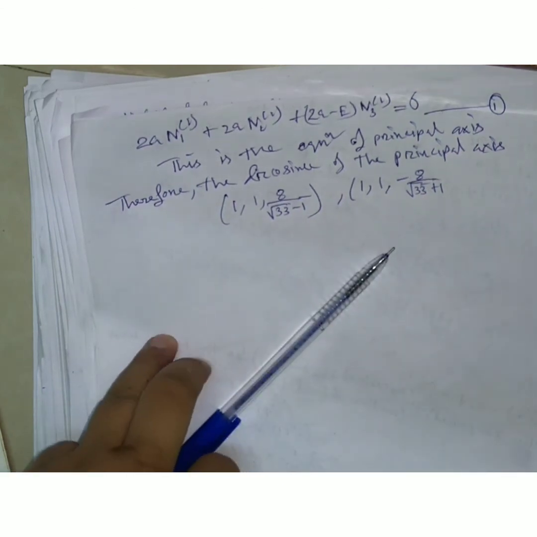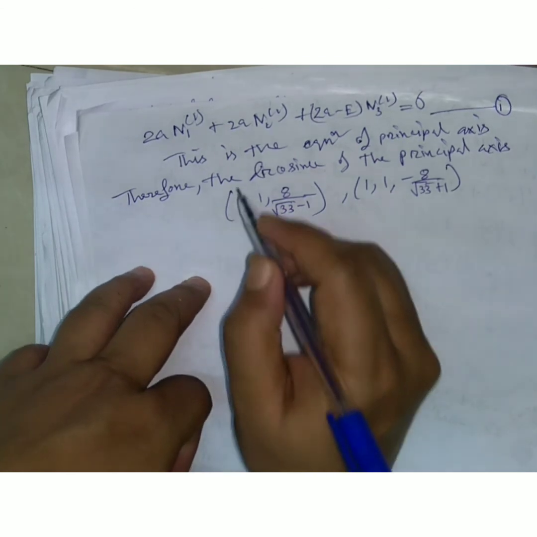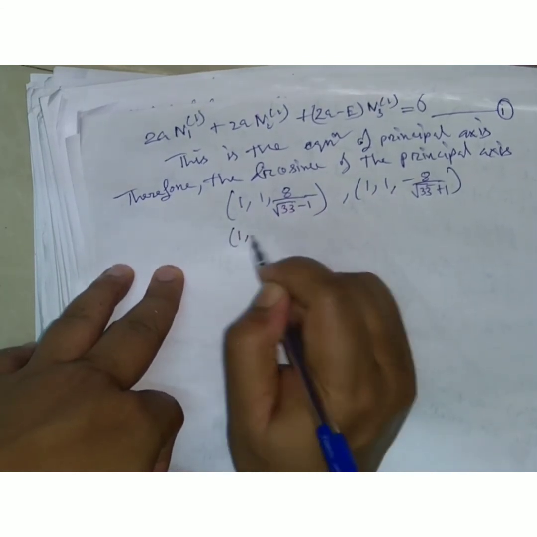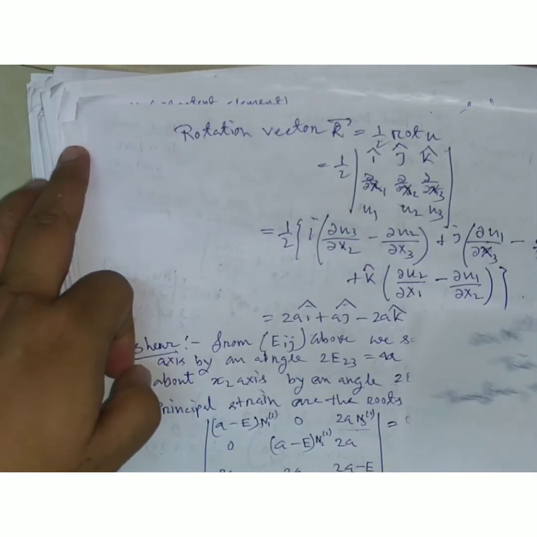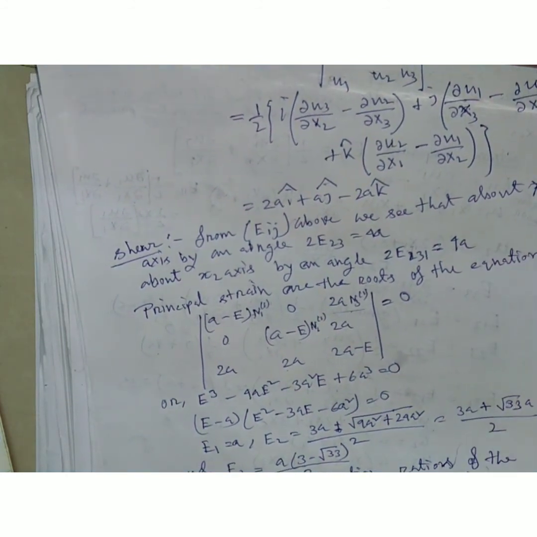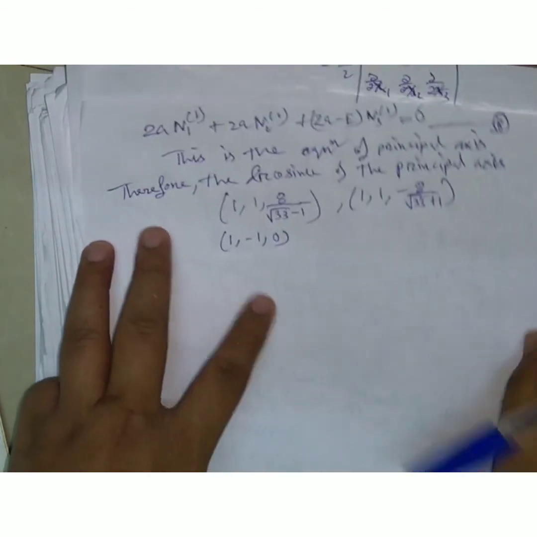This is one direction, and another direction is simple: 1, minus 1, 0. I get this from these three equations, which give their direction ratios.